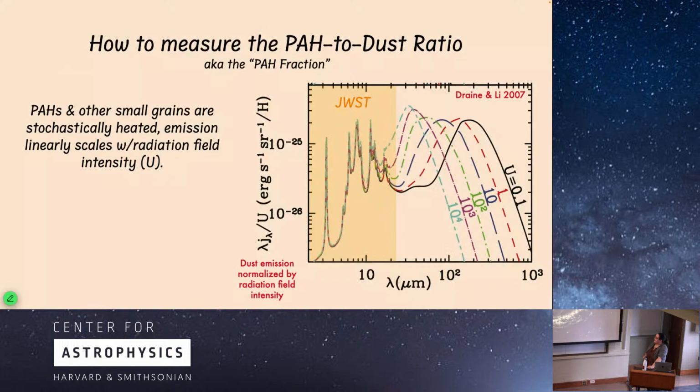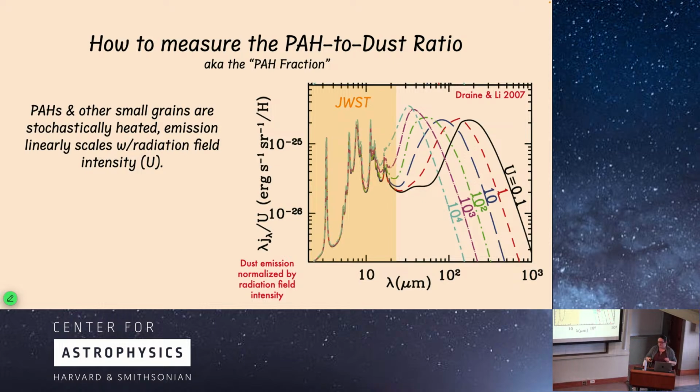To do that, we make use of the way that dust behaves when it's illuminated by a given UV radiation field. Here you see the emission from a population of dust grains illuminated by a radiation field that's scaled up and down from the solar neighborhood by a factor of U. And you see two distinct things in this plot. In the short wavelength part, where the PAHs live, all of these collapse onto one line.